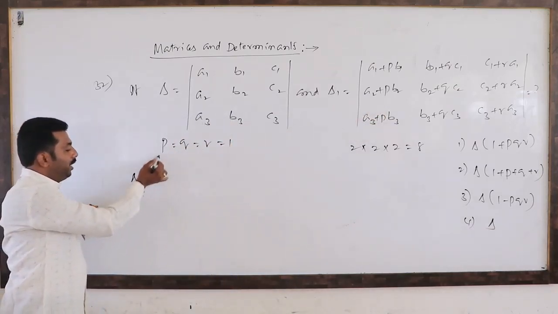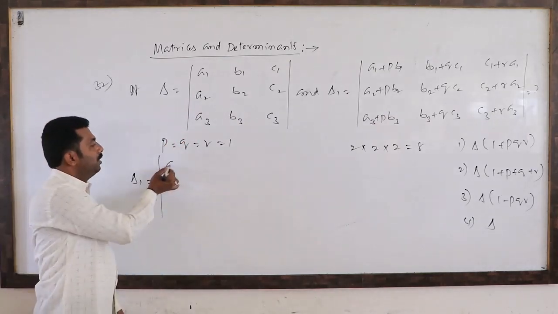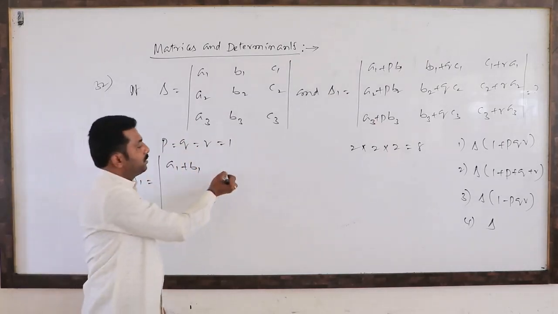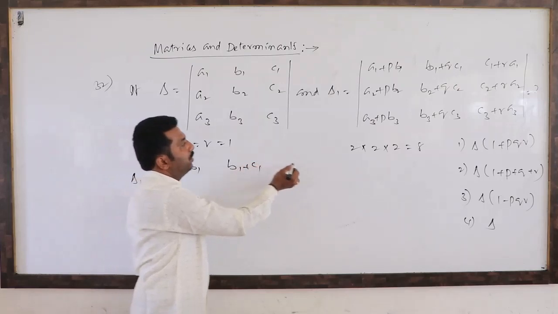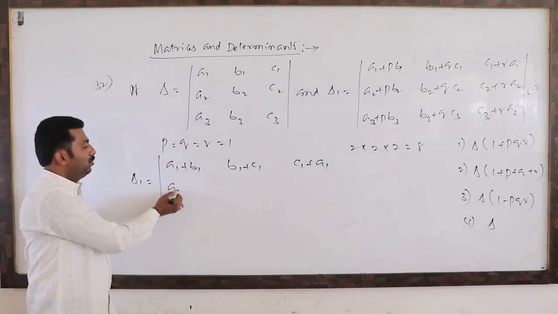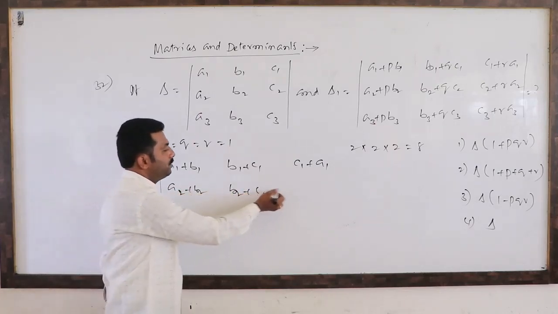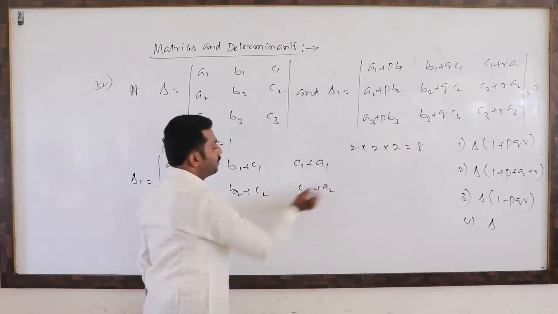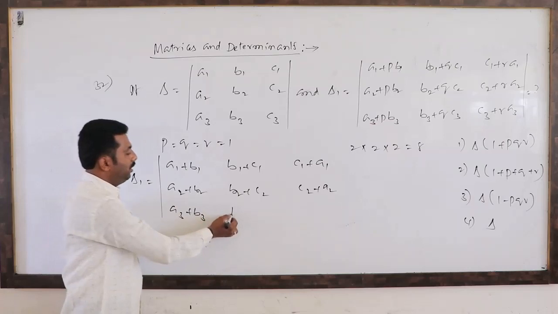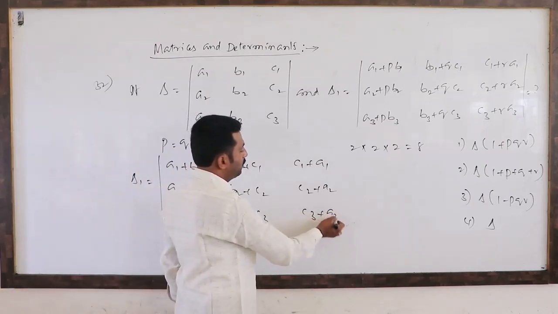See there. Delta 1 means wherever PQR is there 1, 1, 1: A1 plus B1, next B1 plus C1, C1 plus A1. Next A2 plus B2, B2 plus C2, C2 plus A2, A3 plus B3, B3 plus C3, C3 plus A3.